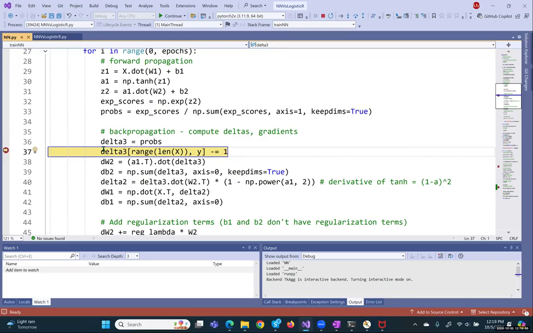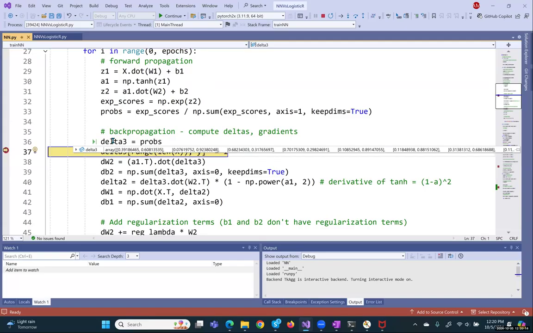If I put my mouse on delta 3, in this example, there were two outputs. Do you see 0.39186? I don't know if you can read it. The first one, right? The second number is point something 60, right?